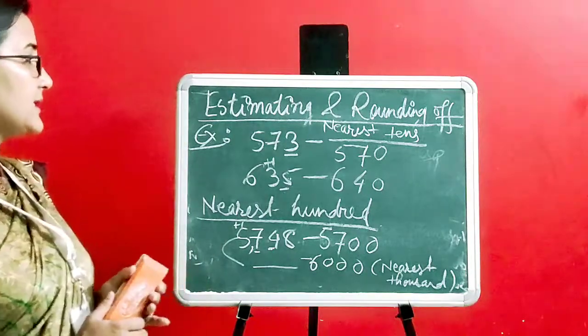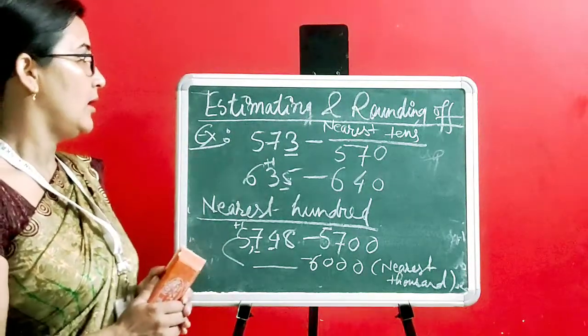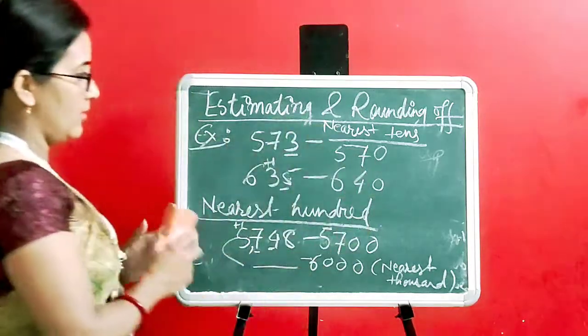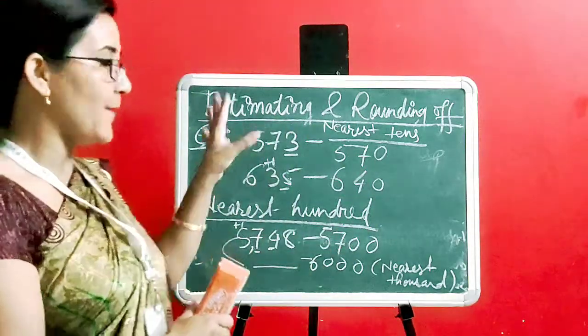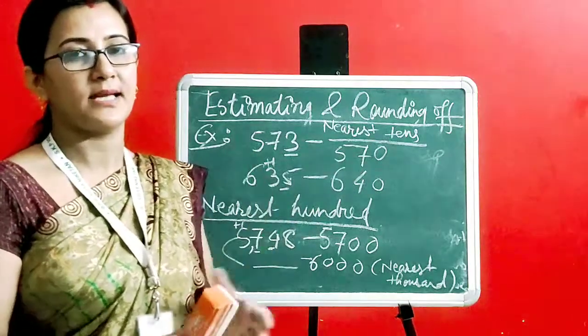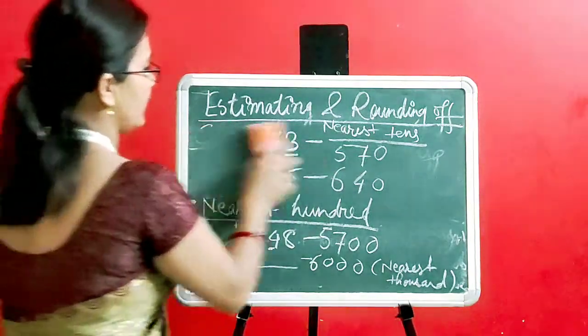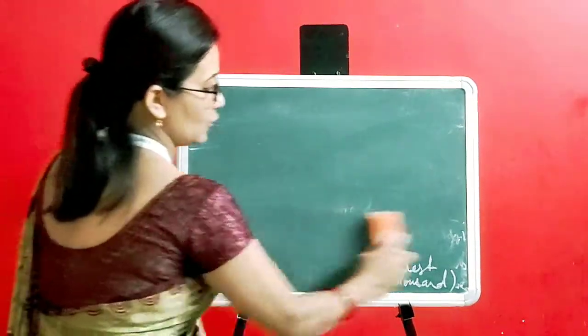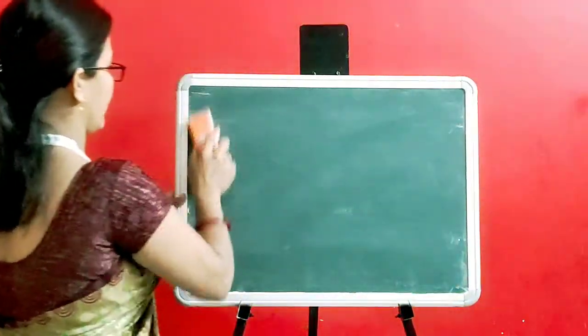Now next we will see estimating sums and differences. These examples are fully related to your exercise 1E. Now we will move to estimating sums and differences, which is related to exercise 1F.